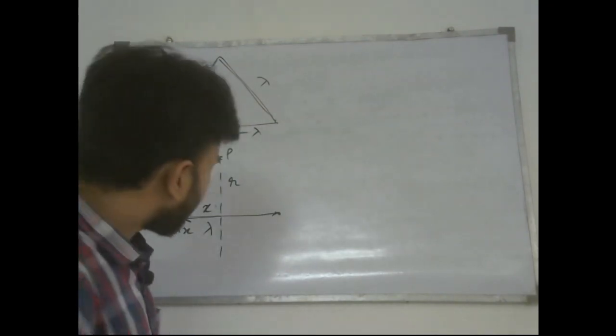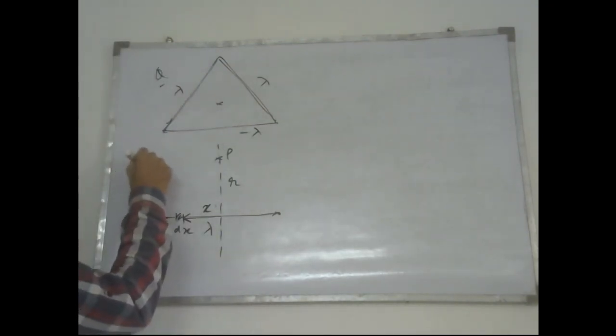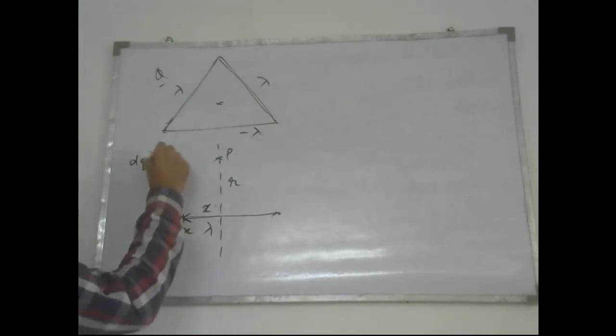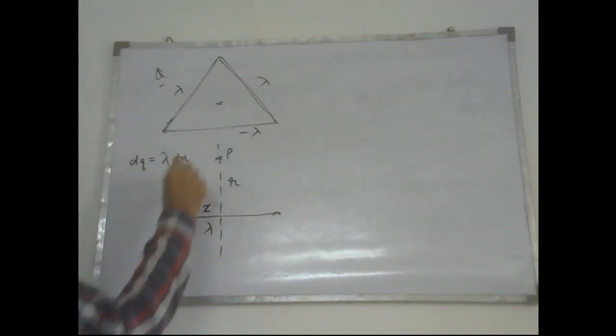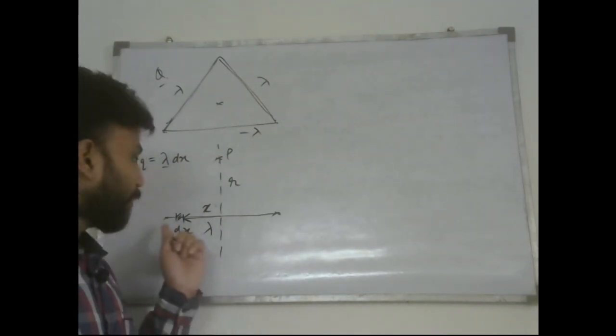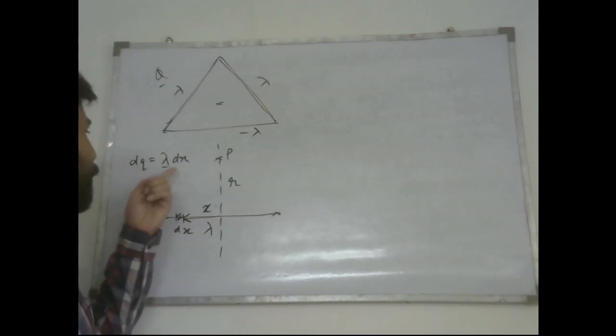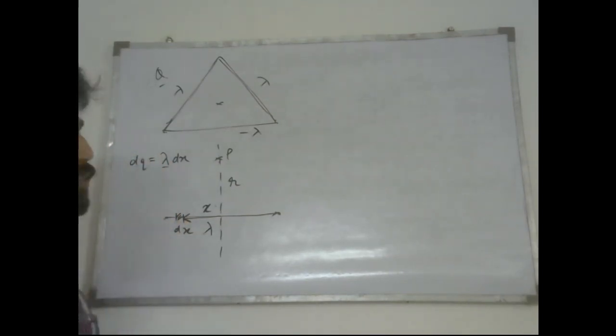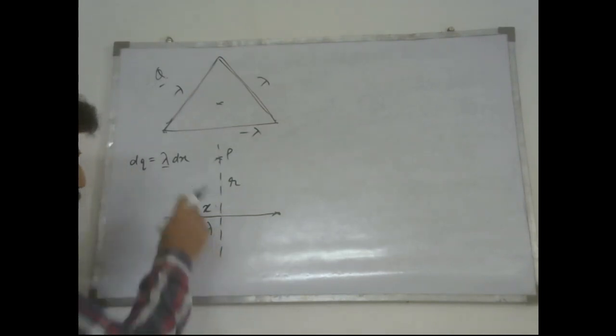The charge present in this element would be lambda dx, that is charge on the rod per unit length multiplied by length. So charge per unit length into length would give us the charge in this particular small element.